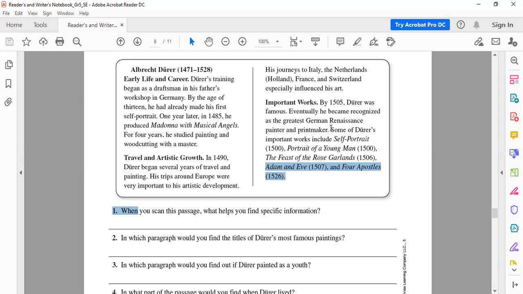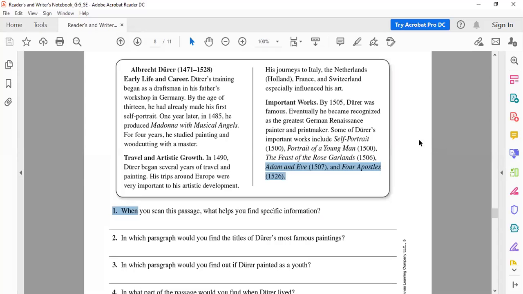Eventually, he became recognized as the greatest German Renaissance painter and printmaker. Some of Dürer's important works include Self-Portrait, Portrait of a Young Man, The Feast of the Rose Garland, Adam and Eve, and Four Apostles. These are some paintings that this drawer made.